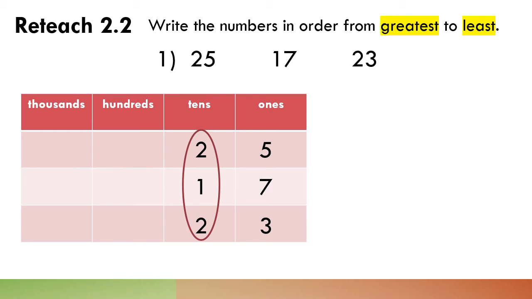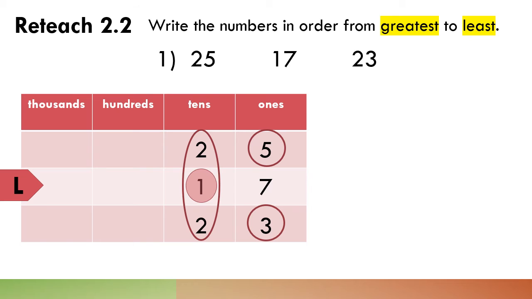And the first thing I notice is that 1 is the least number. So automatically I know that 17 is going to be the least number, which means I still have to go and compare in the next column for those remaining numbers, 25 and 23. So I need to look at the 5 and the 3.